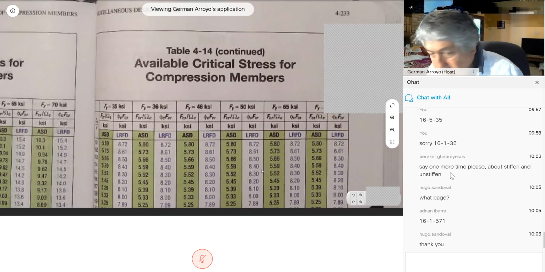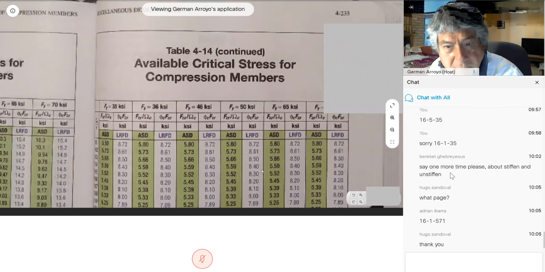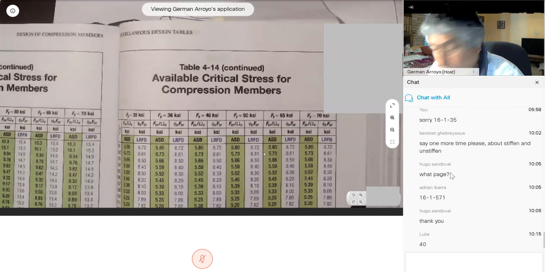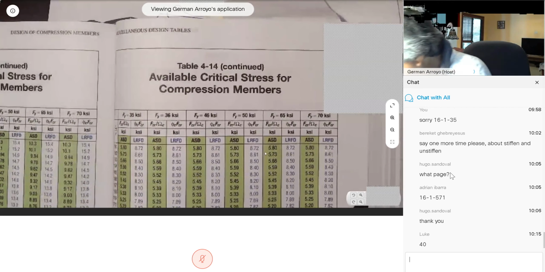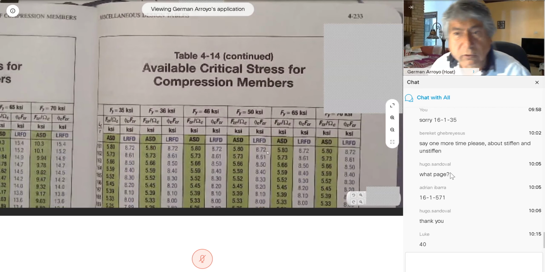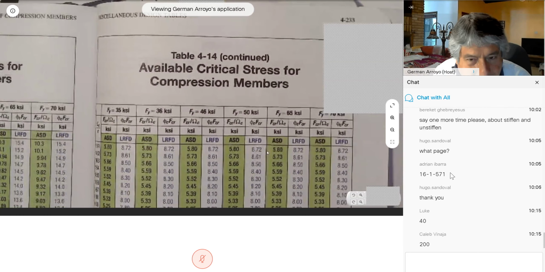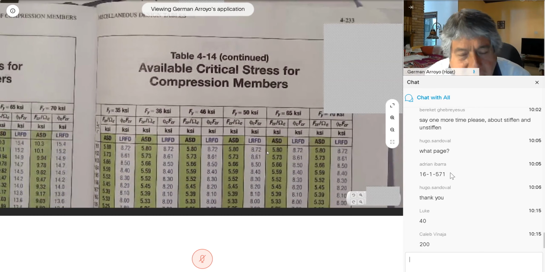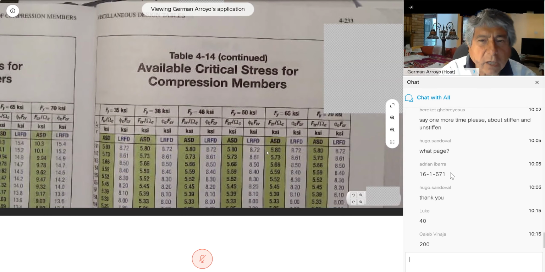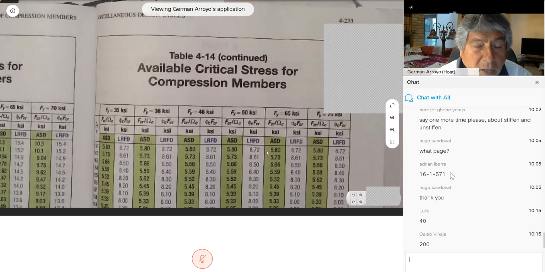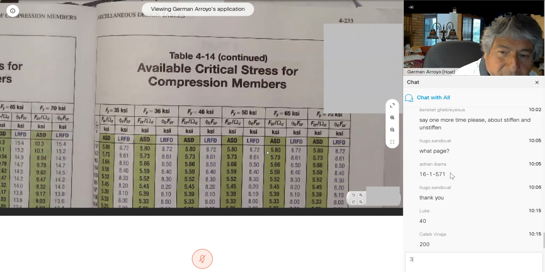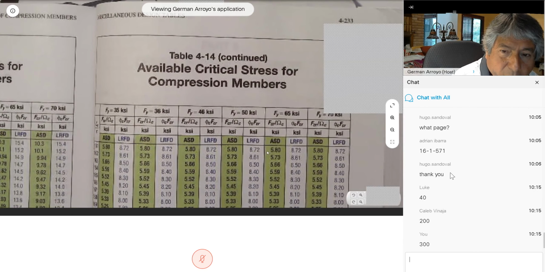If you look at this table on the left, no, keep going all the way to the last page. Go to page 4-233. 200. Because the code says the same as when we were doing the tension design, we had L over R. Whenever we do tension, what was the value that we couldn't exceed for L over R?